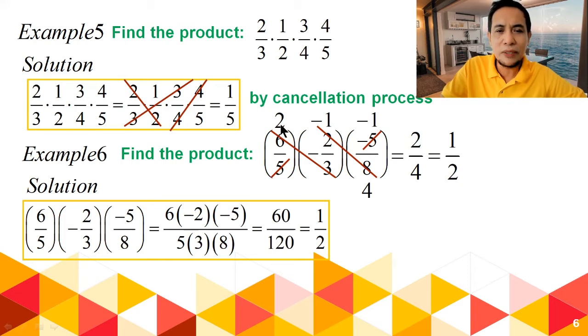Then you multiply 2 and negative 1 and negative 1. So the product is positive 2 over 4, which is also equal to 1/2. So you can use either the cancellation process or the usual rule, and you'll get the same answer, which is 1/2.